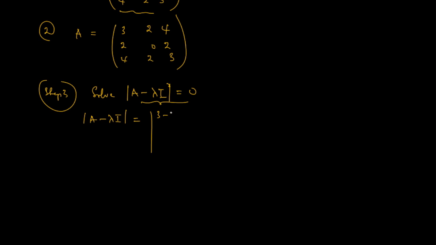So that's going to be 3 minus lambda, 2, 4; 2, negative lambda, 2; 4, 2, 3 minus lambda. So this is what we have. Now equals 0. Now by the time you find the determinant of this matrix, that is going to give us lambda cubed minus 6 lambda squared minus 15 lambda minus 8 equals 0.